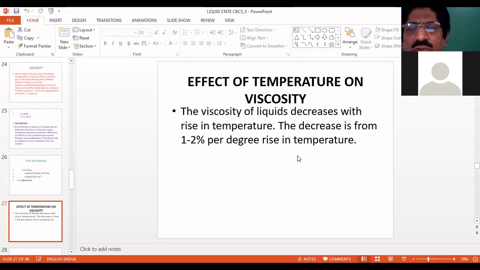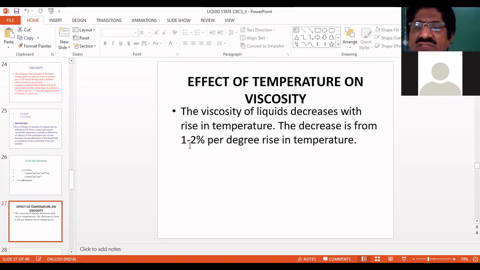It was believed that, particularly in the case of viscosity, the viscosity of the liquid decreases with rising temperature. The decrease is 1 to 2% per degree rise in temperature. So, as the temperature increases, the viscosity decreases.